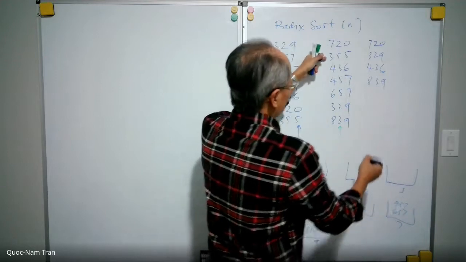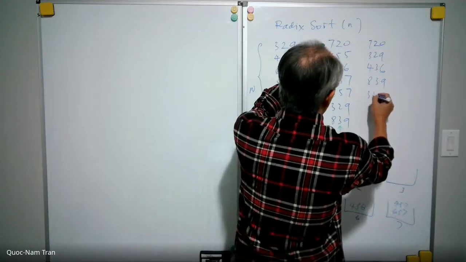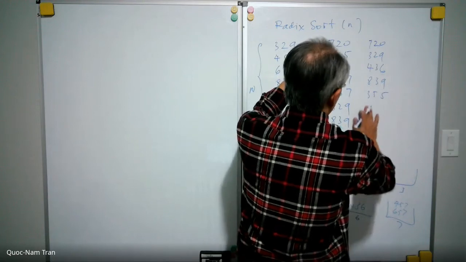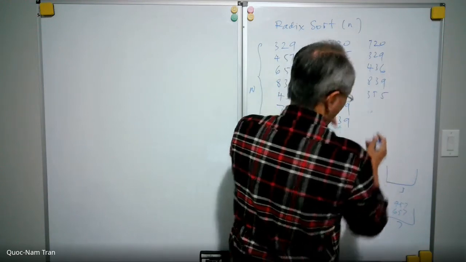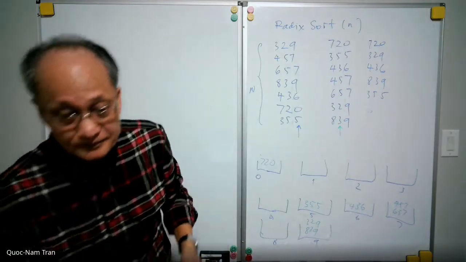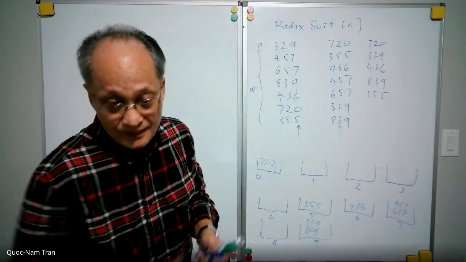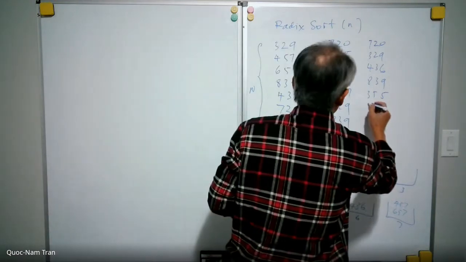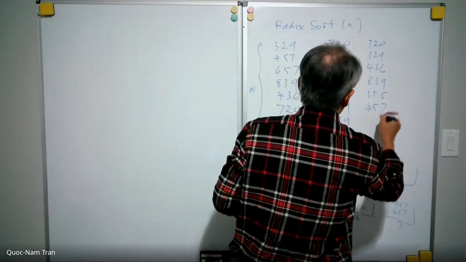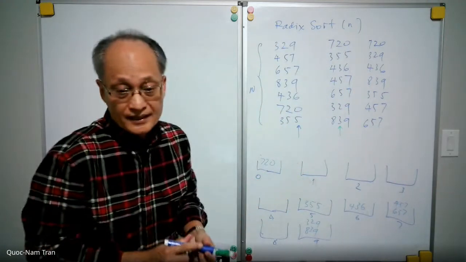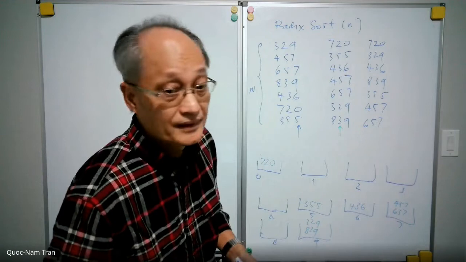And then we have 355, 457, and 657. Okay, so those are the numbers we have.